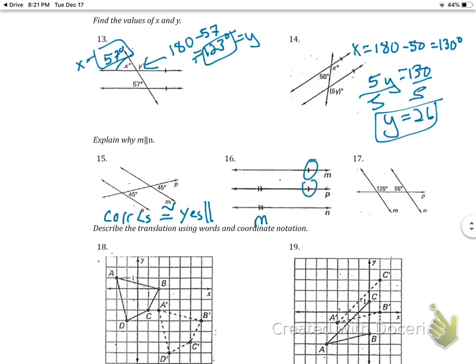So we have that M is parallel to P, and we see that P is parallel to N. And therefore, we see by the transitive property that M has to be parallel to N because they are parallel to the same things.